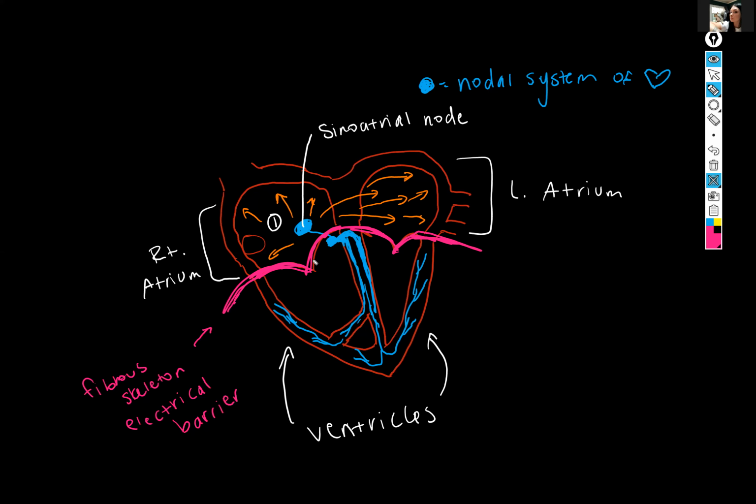This ensures that the spread of excitation away from the SA node cannot prematurely go downstairs and excite the ventricles.